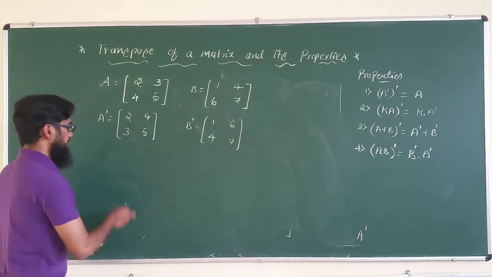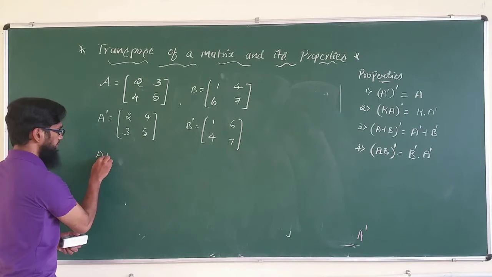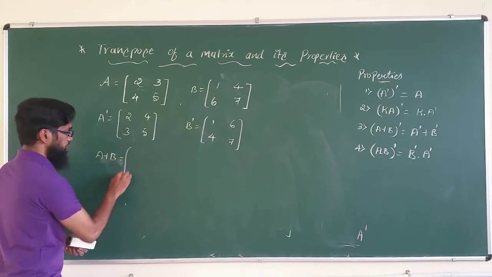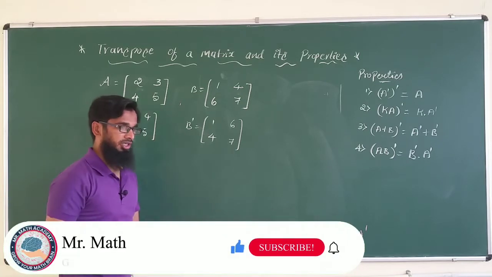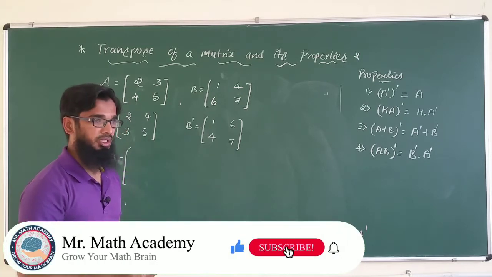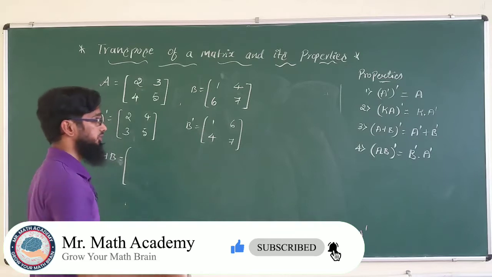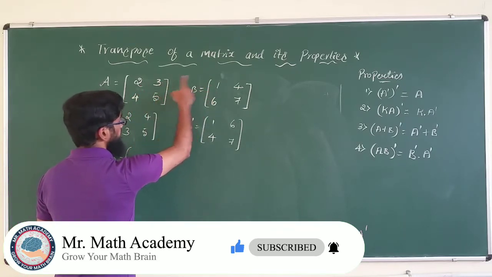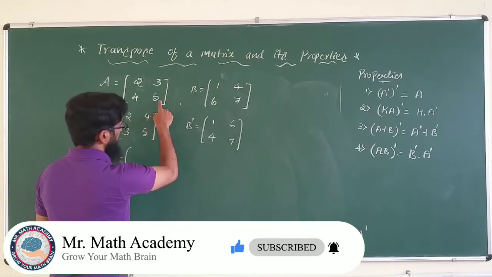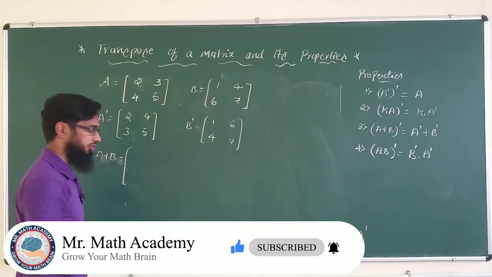Now we will go for A plus B. We have already studied matrix addition, so we add the corresponding elements: this 2 with 1, this 3 with 4, 4 with 6 and 5 with 7.